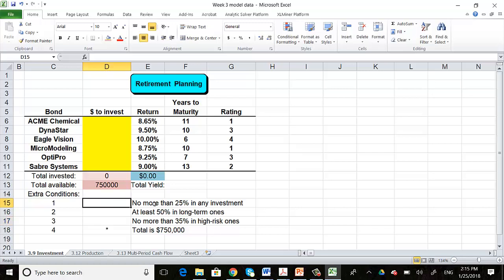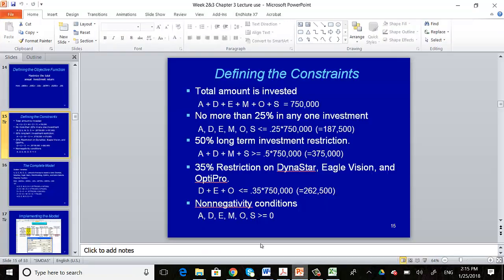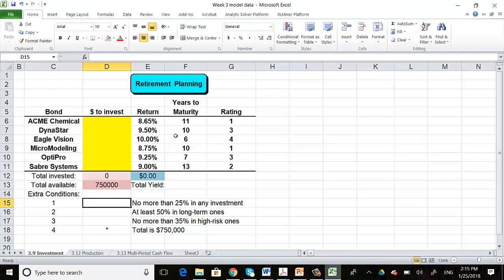Actually, the first. No more than 25% in any investment. And remember when we wrote this constraint, it's like, okay, 1, 2, 3, 4, 5, 6. Each of them need to be less than or equal to 25% of the 750. So that means we need to have 6 constraints and then apply to each of them. So when we look at our Excel, it's here.